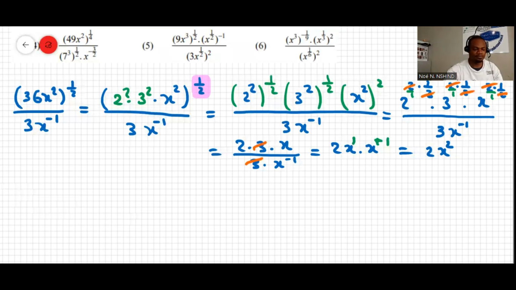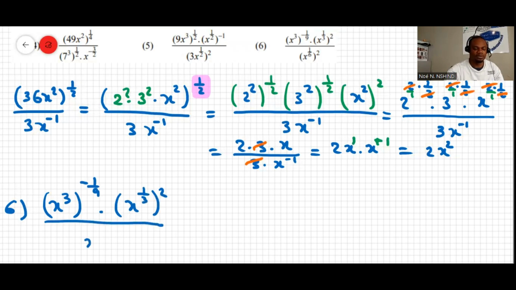Question 6. We have x to the power of 3, raised to the power of -1/9, multiplied by x to the power of a third, to the power of 2, all over x to the power of 1/6, all to the power of 2.